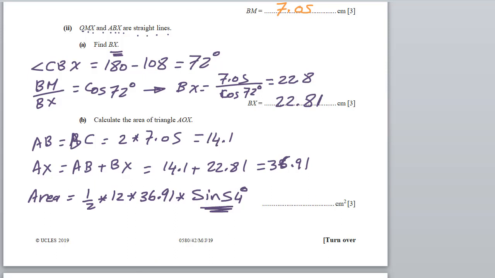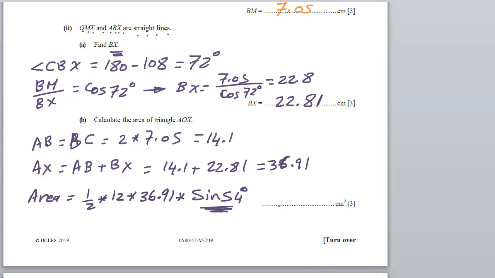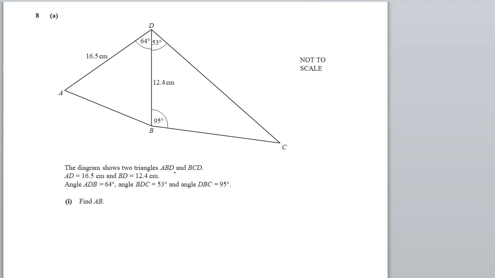So now the area of the triangle, 36.9 multiplied by 12 multiplied by half multiplied by sine 54.0. So 179.2.